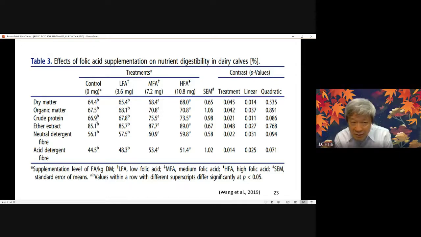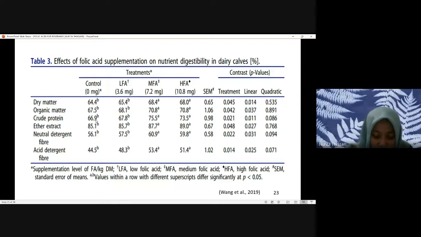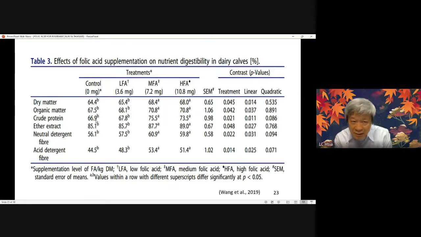Can you check again about the folic acid? What is the function of the folic acid in the monogastric animal? Oh, okay, Professor. In that case, you can know more clearly what kind of function the folic acid has for the bacteria too. Okay, thank you, Professor.